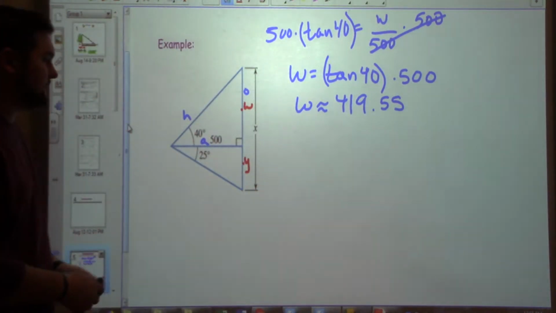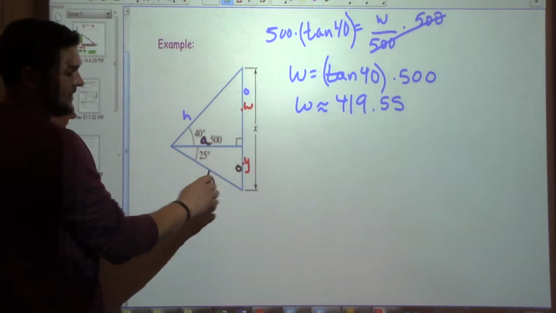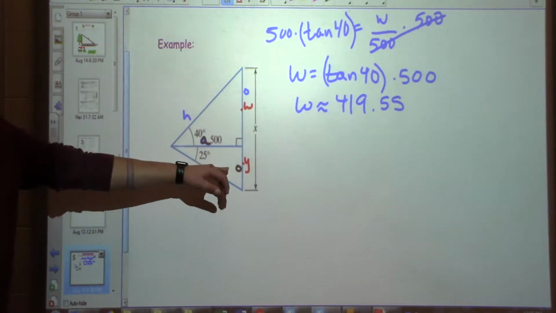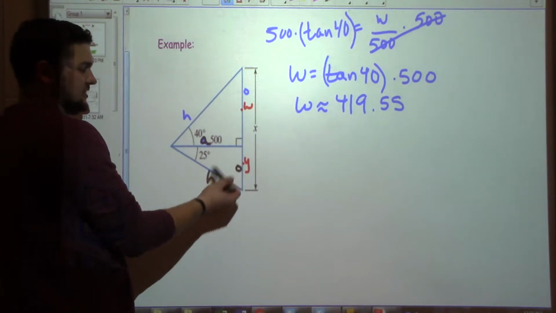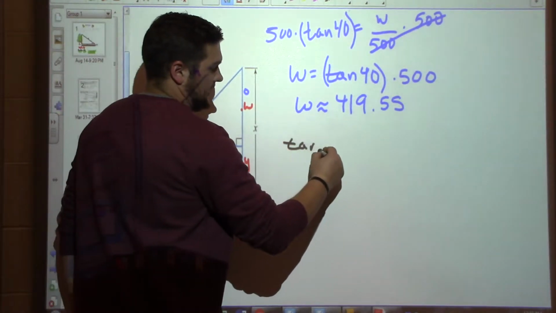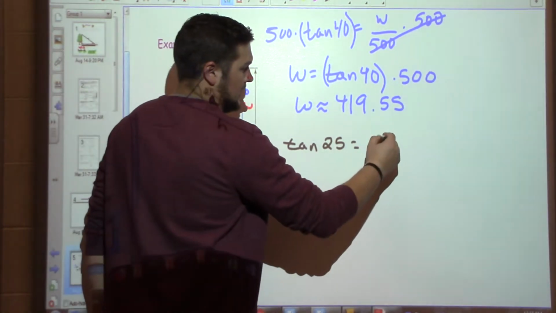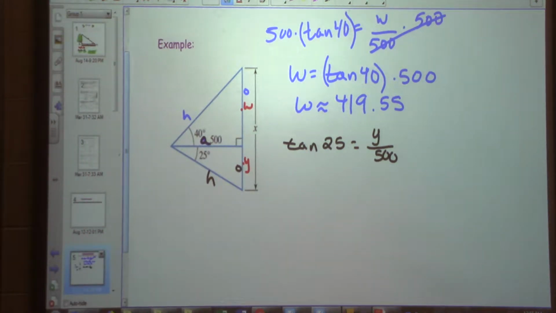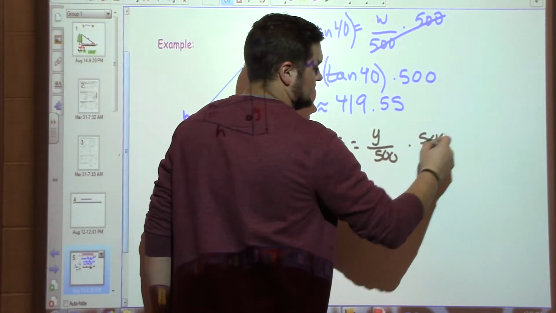So let's do the same thing for this bottom triangle. Y is my opposite side. 500 is my adjacent. My hypotenuse is across from the 90. Once again, using the opposite and the adjacent, I should be doing tangent, right? SOHCAHTOA. TOA, opposite, adjacent, tangent. So tangent of my angle, which is 25, equals Y over 500. Same as last problem, I can get that variable by itself by multiplying by 500.